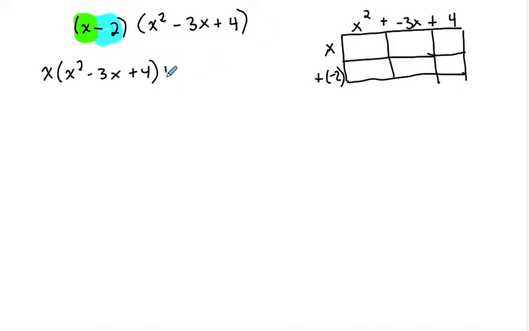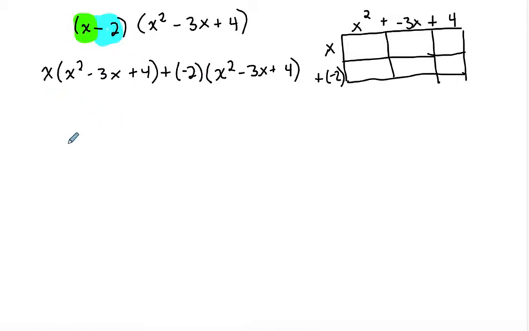I'm going to be careful here because it's a minus 2, so I need to think of that as adding a negative 2. I'm going to put the negative 2 in parentheses just so that I'm not confused with my signs. And I'm going to distribute that across x squared minus 3x plus 4.